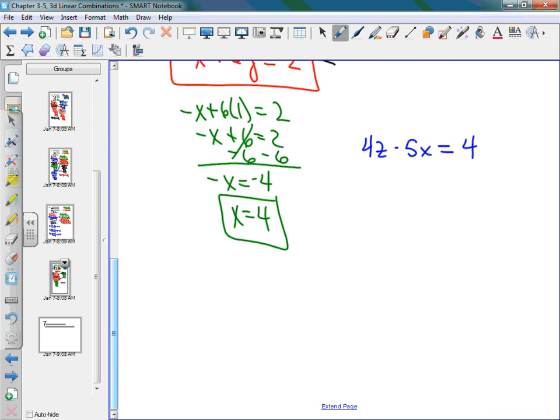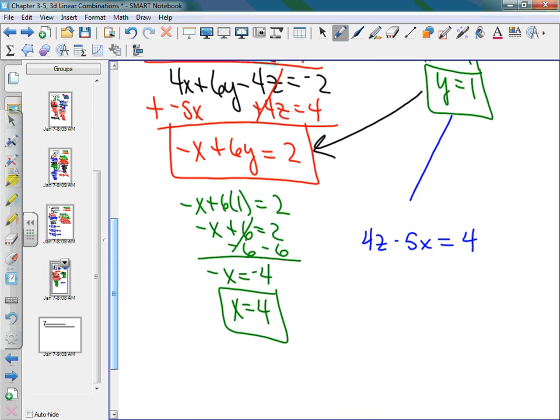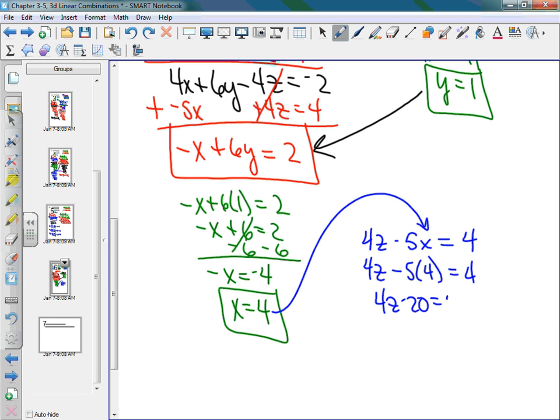And I'm going to plug in what I know, which is, I don't care about the y, do I? I care about the x. So 4z minus 5 times 4. 4z minus 20. Add the 20. And that gives me 4z is equal to 24. To give me z is equal to 6.